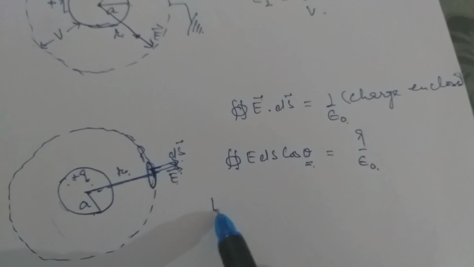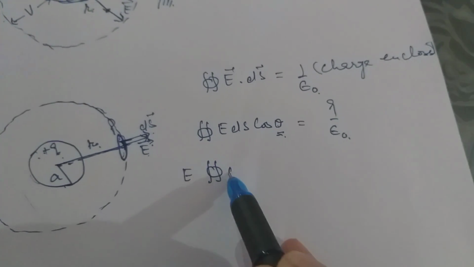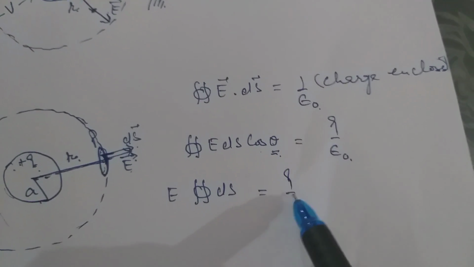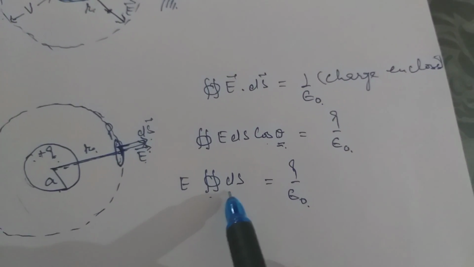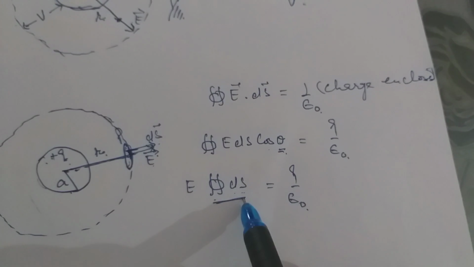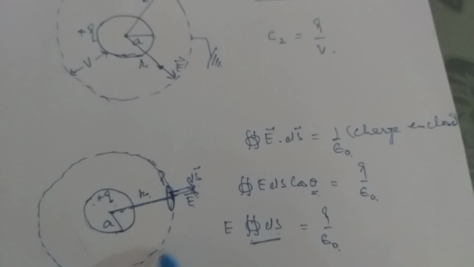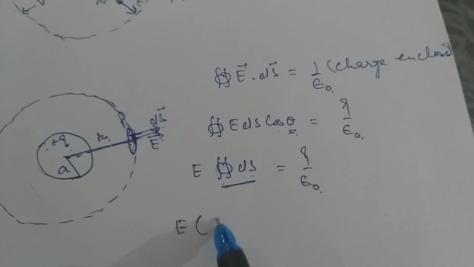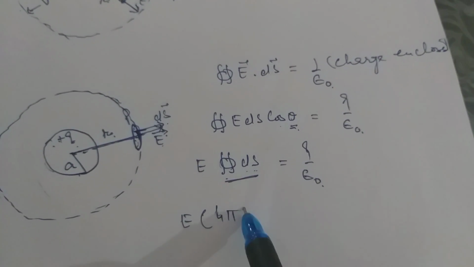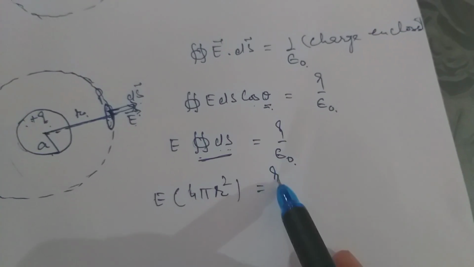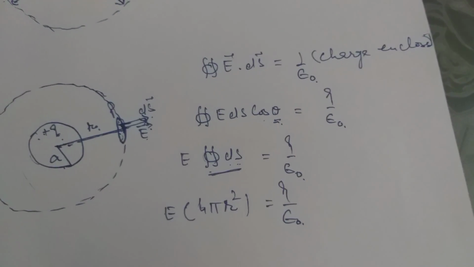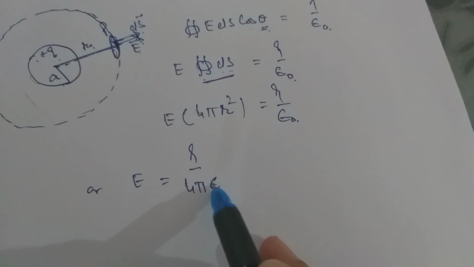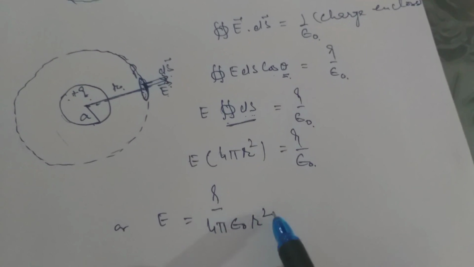So we have E times the surface integral of ds into cos 0, which is 1, equal to Q upon epsilon naught. Integration of ds means the total surface area of the closed sphere of radius r. So E into the total surface area, which is 4 pi r square, is equal to Q upon epsilon naught, or E is equal to Q upon 4 pi epsilon naught r square.